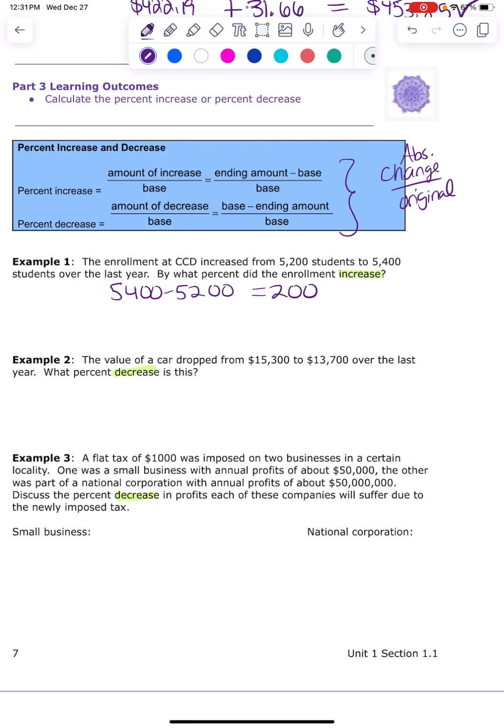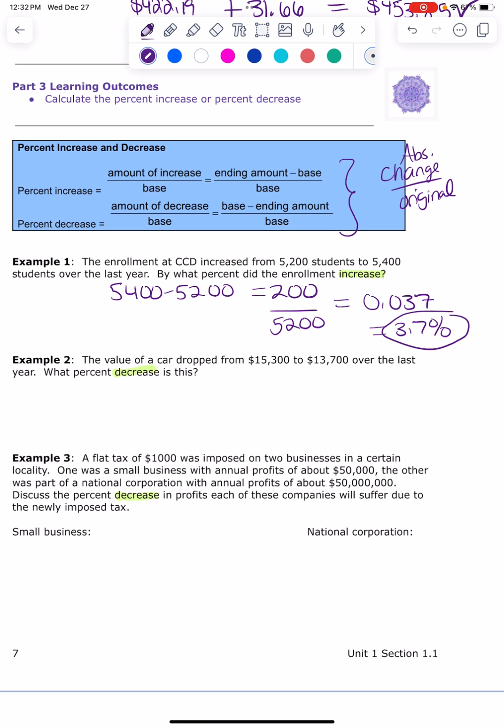And then I want to take that number and divide by the original. It originally started at 5,200 students. So if I divide that, I get 0.037, and that is 3.7%. So that was a 3.7% increase in enrollment.